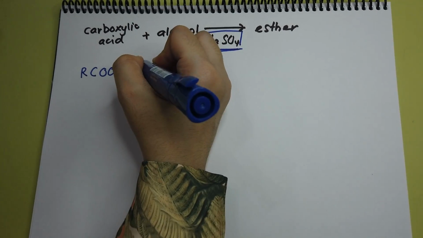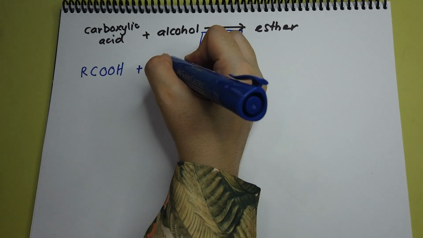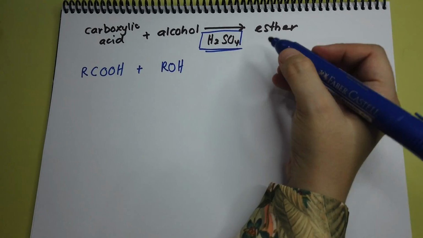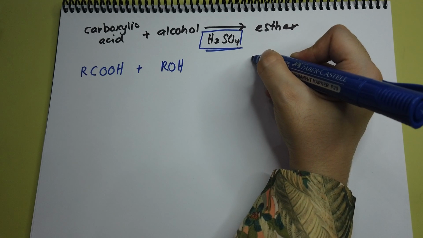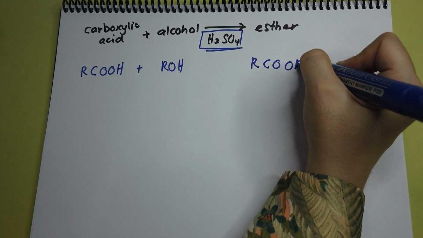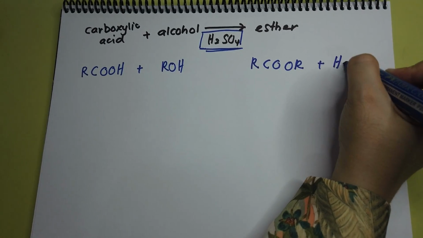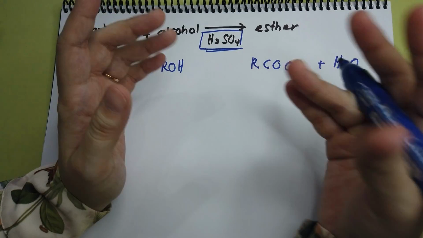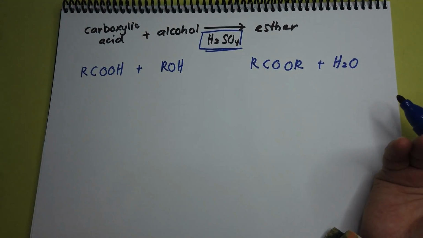If you want to write it in another way, you should write RCOOH. You will have your alcohol ROH, and then it will produce your ester RCOOR plus water, obviously. Because this is just an R, it's very hard for you to understand which one is which.